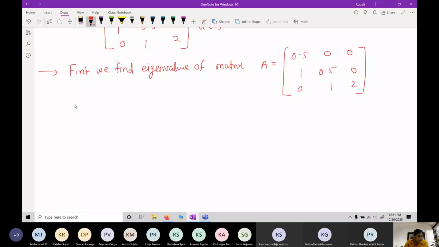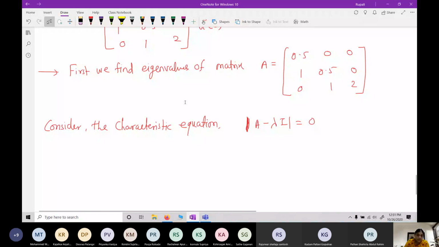So how do we find eigenvalues? Consider the characteristic equation. What is the characteristic equation? Determinant of A minus lambda I is equal to 0. So what is the determinant of A minus lambda I is equal to 0?